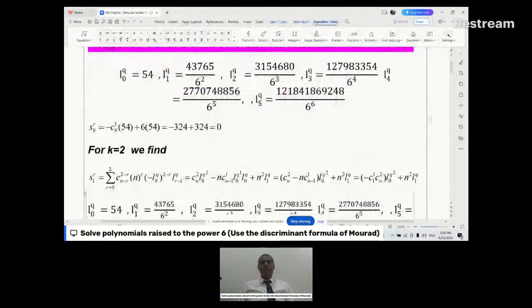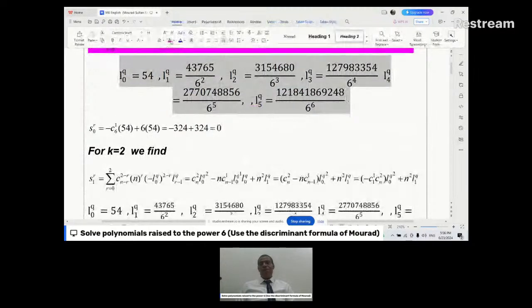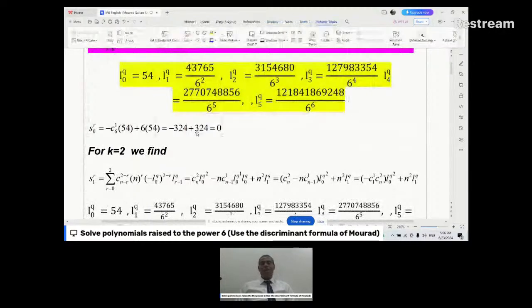Now I will continue, learners. I will color this with yellow. Now, learners, you can see here the value of S0 of order r. We should calculate this.